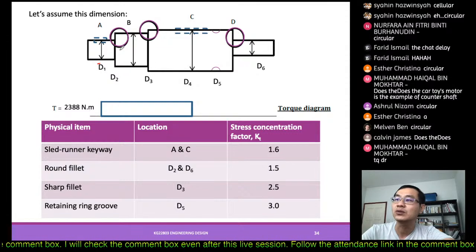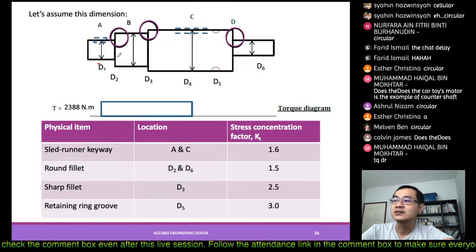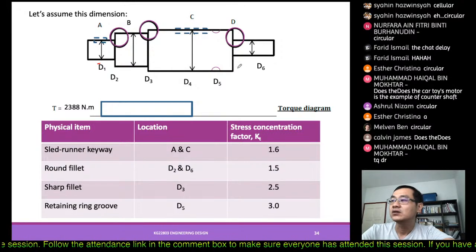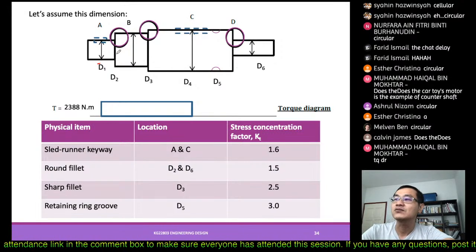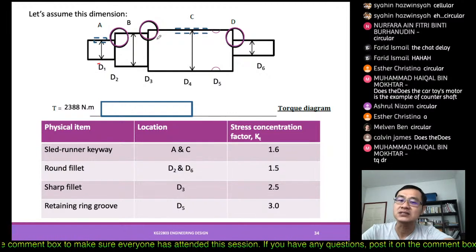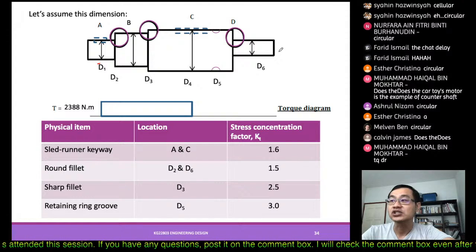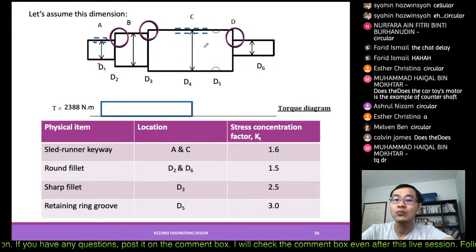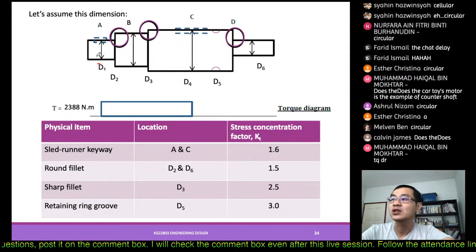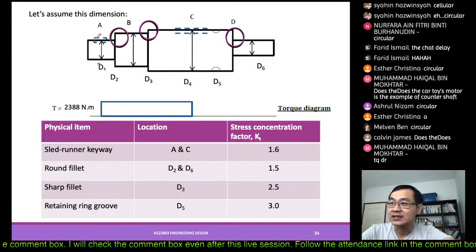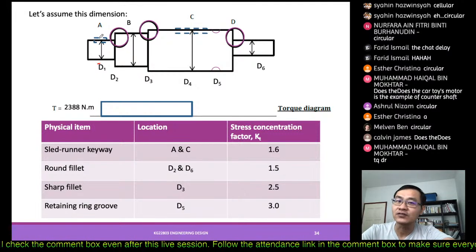We put D1, D2, D3, D4, D5, D6. We just want to calculate the minimum diameter along the shaft. You may cut into more segments, up to you, as long as we can cater for important changes of geometry.